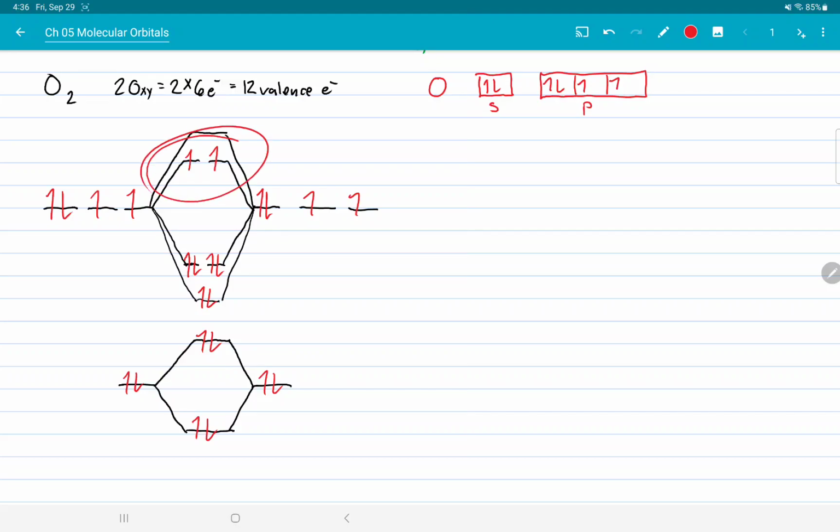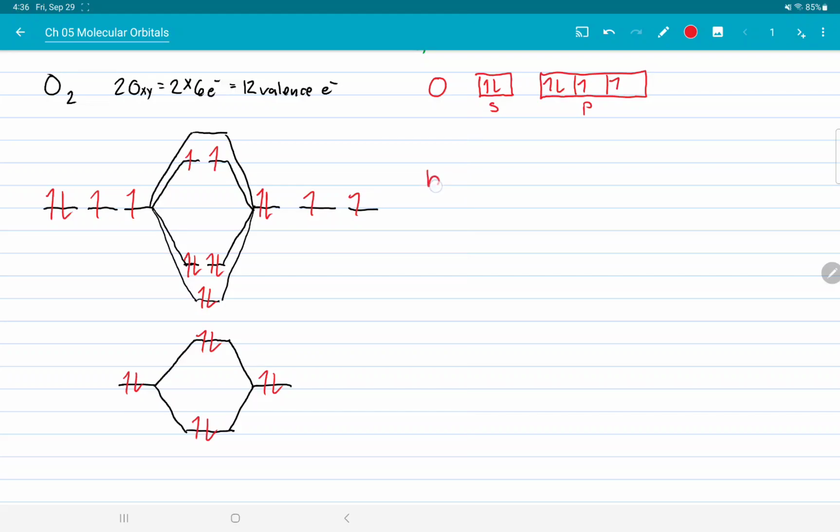So those 2 electrons go into orbitals individually. If I'd had more electrons, I would keep filling up here, but I don't. I have 8 in the p's. That's all I have to work with.